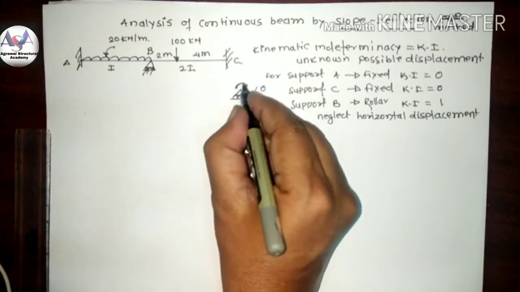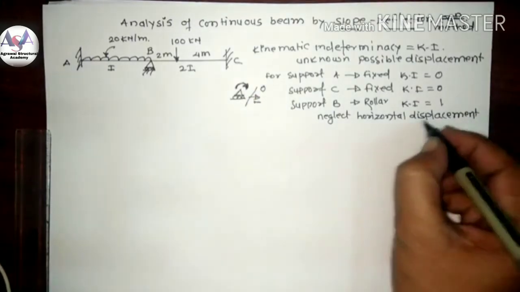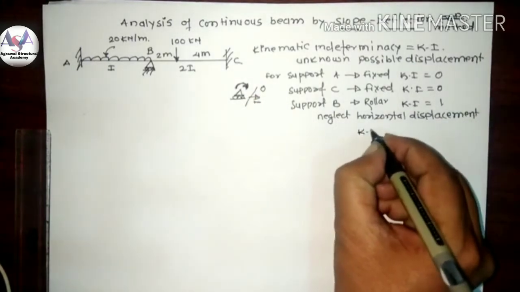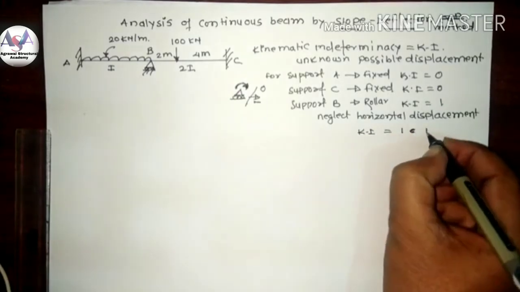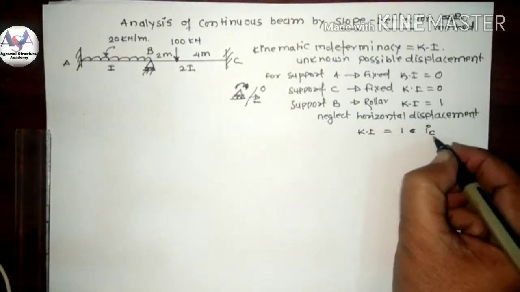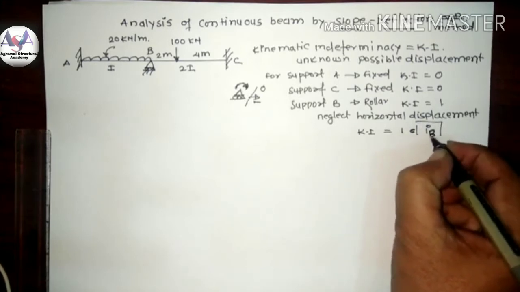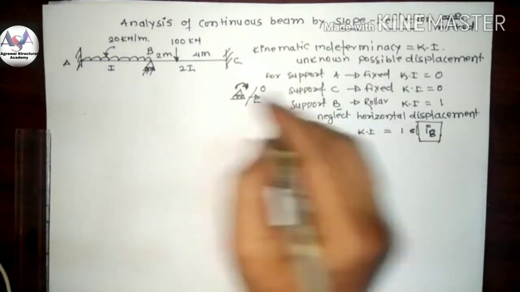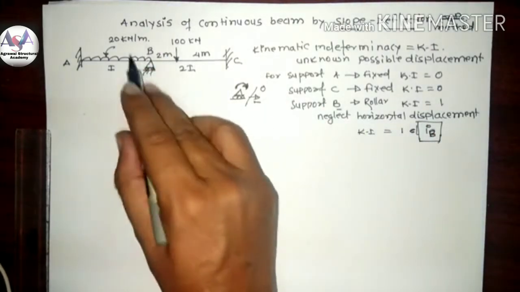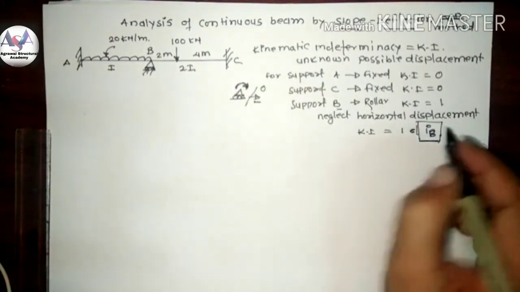So only the rotation displacement. So here total Ki is equal to 1, and that is the theta B, where only at the B support there is a possibility of rotation. That is why the only unknown displacement is theta B.